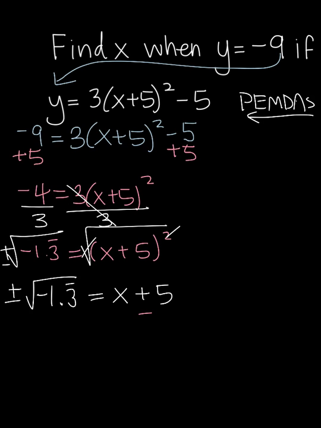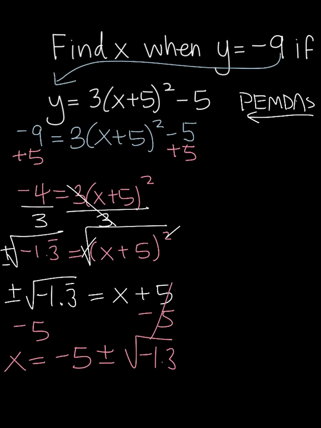So go ahead and clear away the 5 by subtracting 5, and let's get the answer formatted. We'll have x equals negative 5 plus or minus the square root of negative 1.3 repeating. Well, we know that if we have a negative inside of our square root, we're going to need an imaginary number.